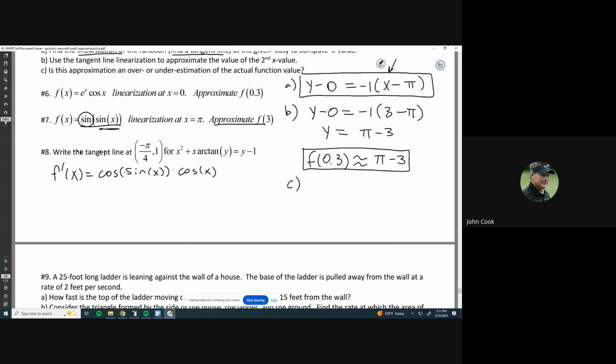And then second derivative. So now we've got the product rule and the chain rule. So I've got this function times this one. Let's take the derivative of the first one, the derivative of cosine of sine of x. That's going to be chain rule. So the derivative of cosine is negative sine. And then derivative of sine is cosine.